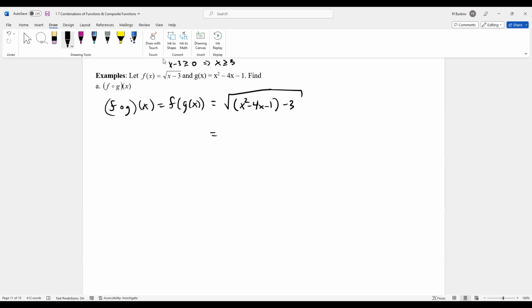Now, if we simplify under the radical, best we can, we have this. And there's really nothing we can do there. So this is our composite function. And if you wanted to look at the domain of that, you would just set that equal to 0, solve, and go from there. But for this exercise, it just says find the composite function. So I'm going to focus on that.